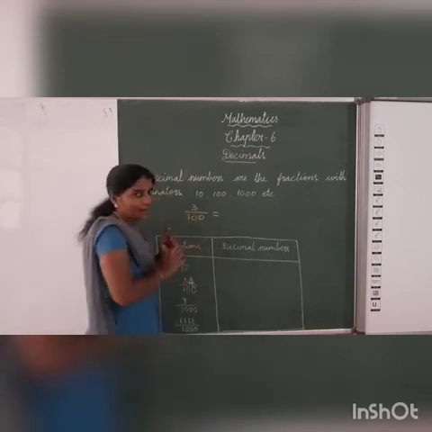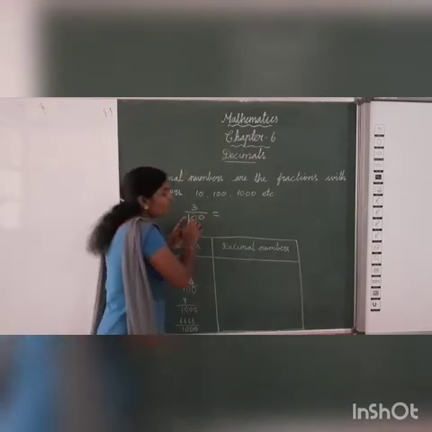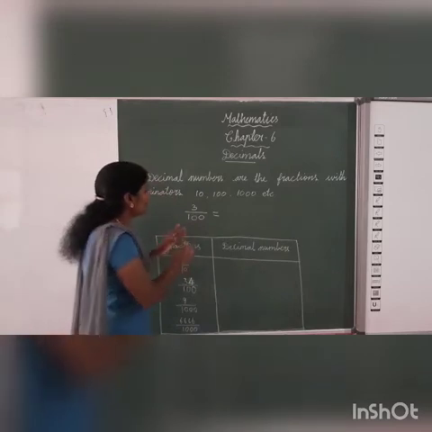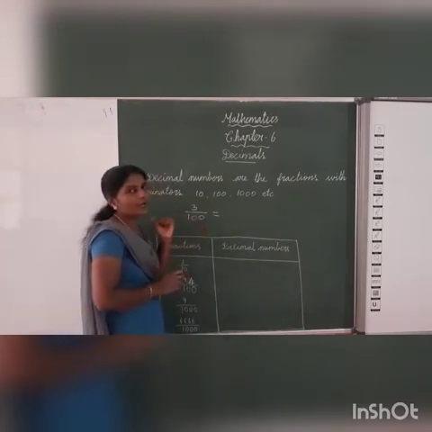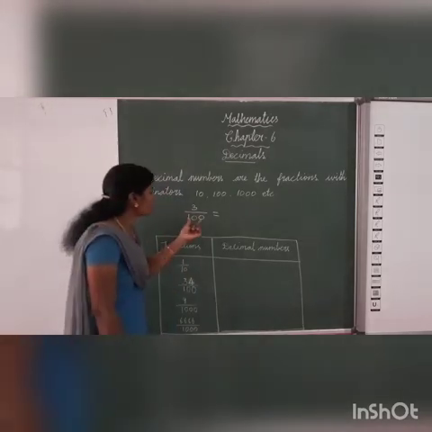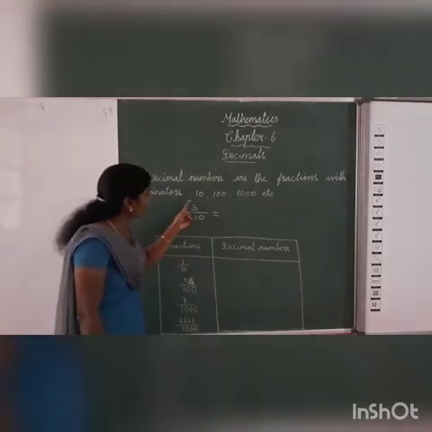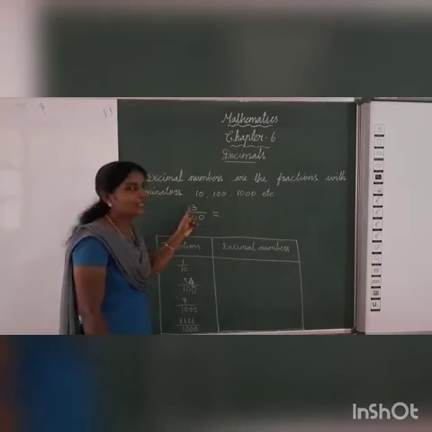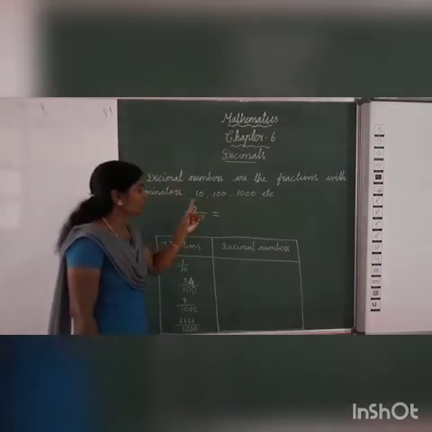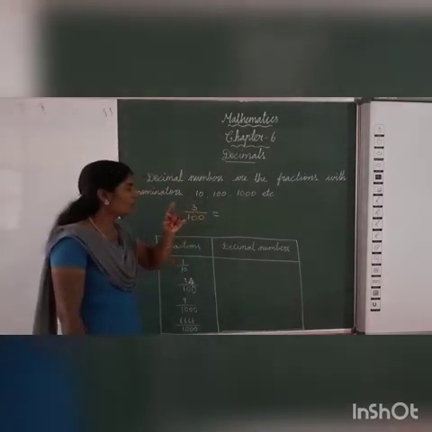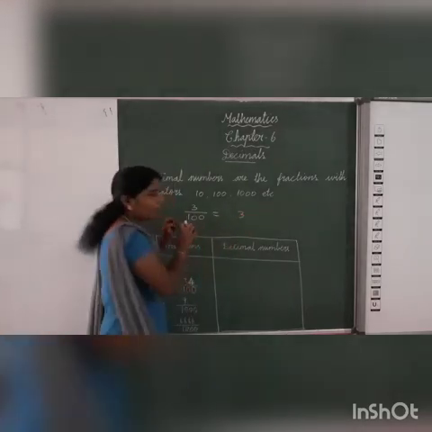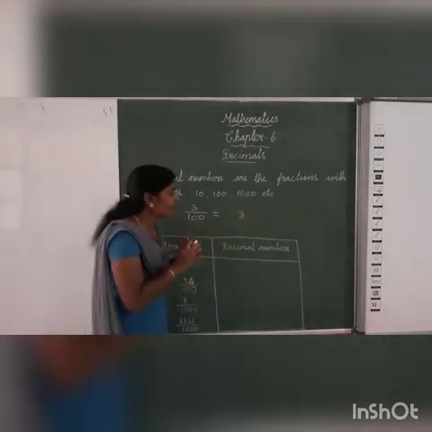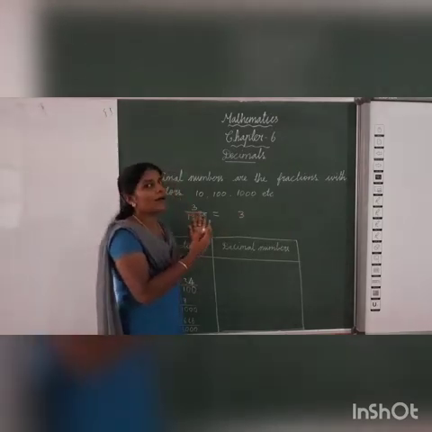The numerator is 3. Here the denominator is 100. After the 1 we have 2 zeros. Here the numerator has only 1 digit. So we need 2 digits after the decimal point.